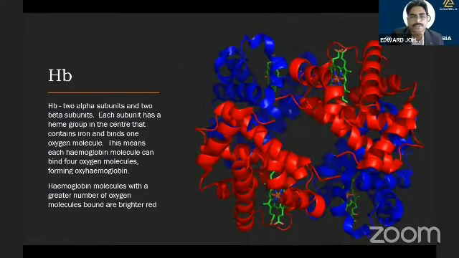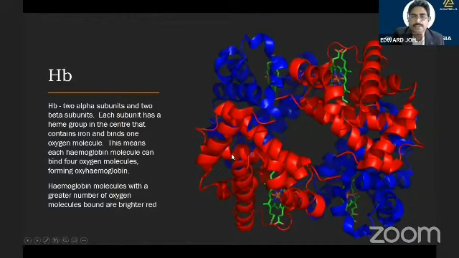Coming to the structure of the hemoglobin, you know it has 2 alpha subunits and 2 beta subunits. In the center of each unit, there is a heme molecule that combines with oxygen. So every hemoglobin combines with 4 molecules of oxygen. The hemoglobin molecules with a greater number of oxygen molecules bound are brighter.